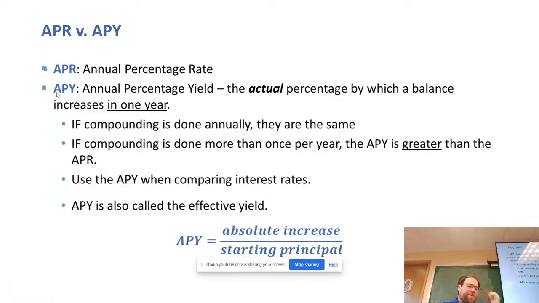But the reason why APY is useful is that it allows you to compare interest rates with each other without doing any type of division. It can also be called the effective yield for an account.